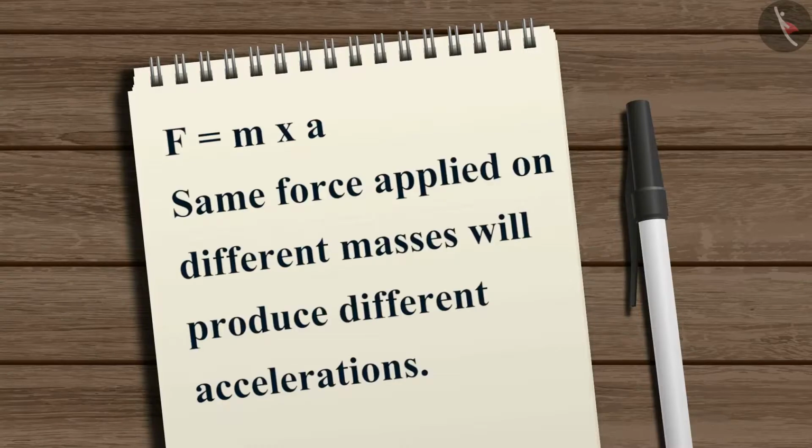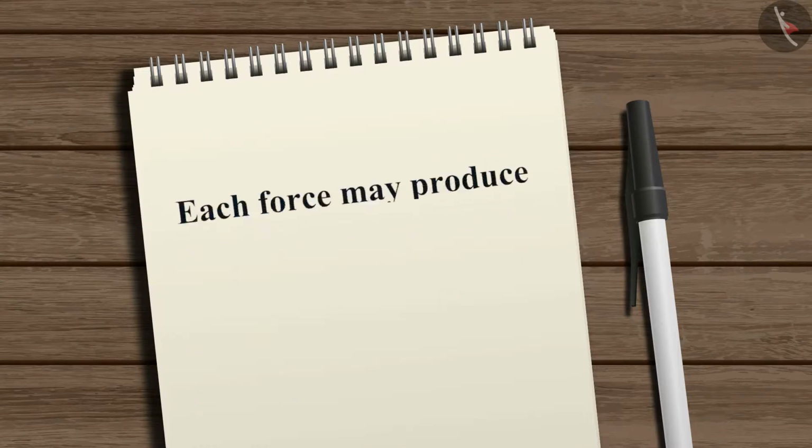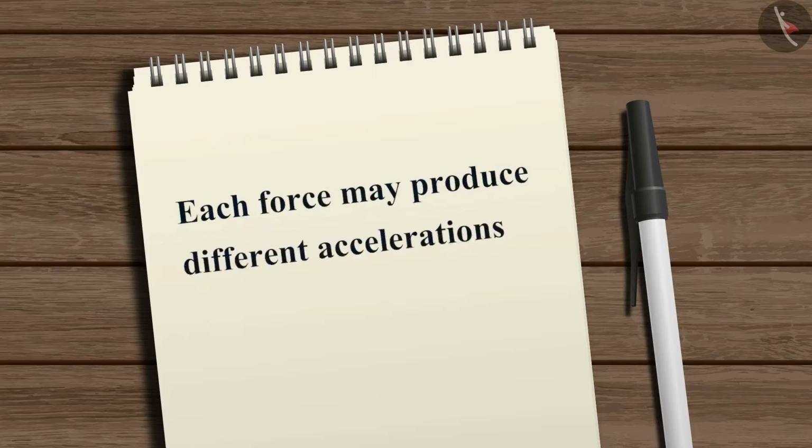According to the relation derived from the second law of motion, F is equal to m multiplied by a, we can observe that the same force applied on different masses will produce different accelerations. Thus, each force may produce different accelerations on different bodies.